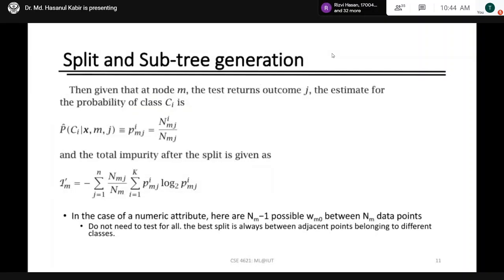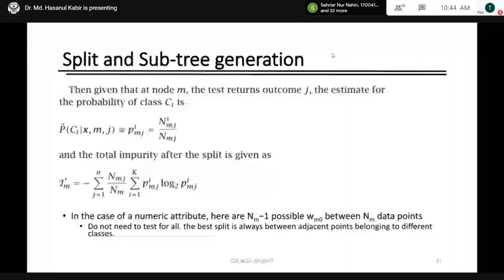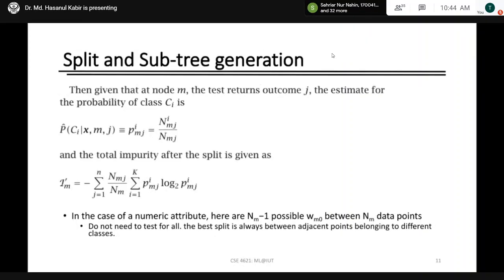Now among those 7 samples, since we are doing binary classification, 4 of them belong to class 1, that means the yes positive class, and 3 of them belong to the negative class. It can happen, right?